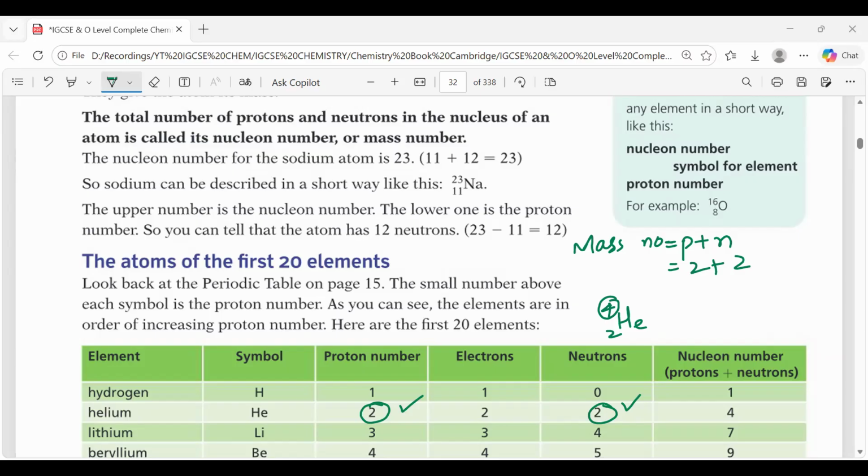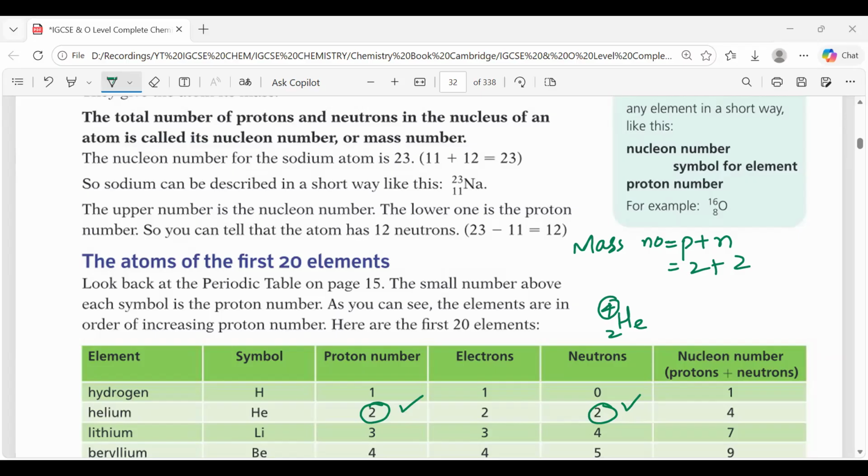If I talk about the atomic number, it means just the number of protons. Are you clear with this? Now I get it.